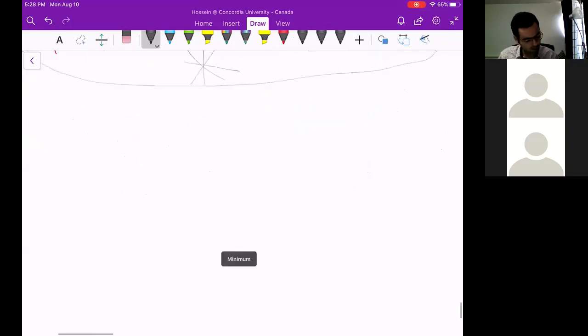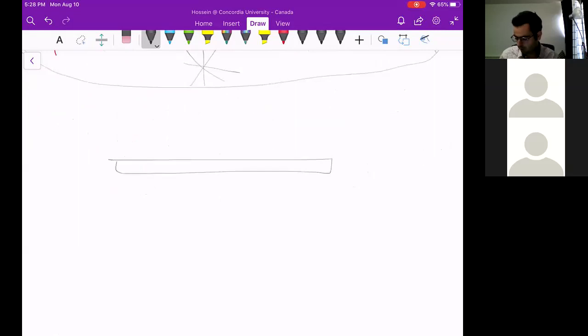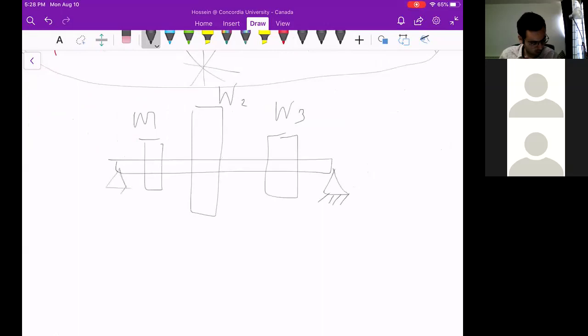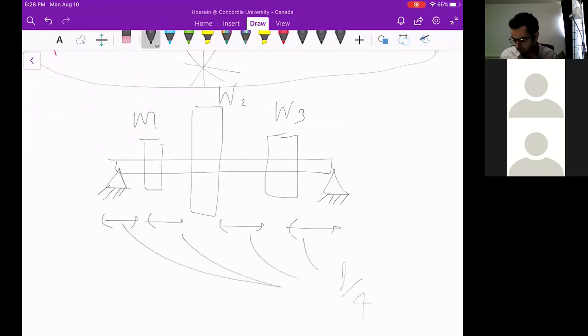So there is a beam like this, with W1, W2, W3, and the spacing is L over 4, L over 4, L over 4, L over 4. W1 is W, W2 is 4W, and W3 is 2W.